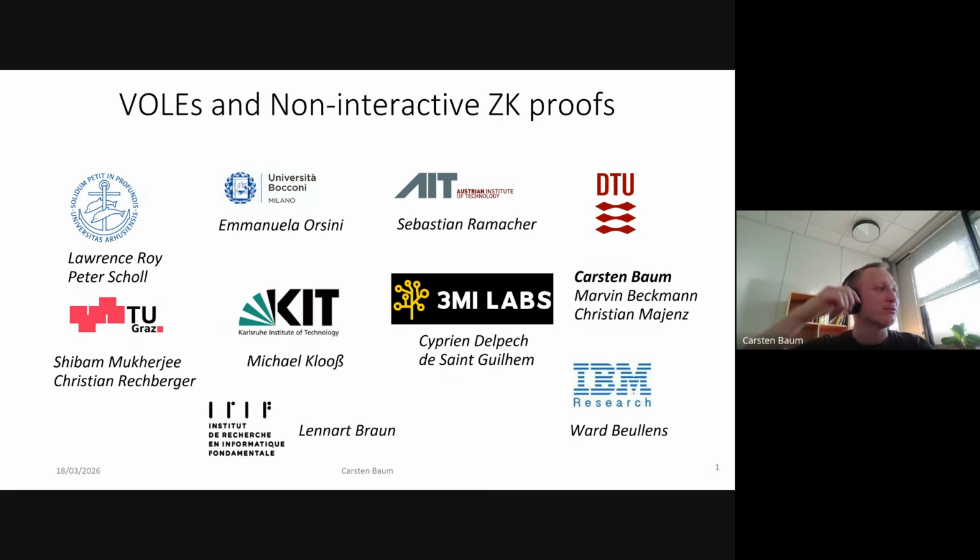Funnily enough, last week I was at the Real World Crypto Conference in Taipei and talked to quite a few people about applications to privacy-preserving digital identity, be that VOLE-based constructions or others, and what the future will look like. It seems that there's a lot to be done. So I'll try to explain how they work. They are not as complicated as you might think, and I'll try to explain a few applications.